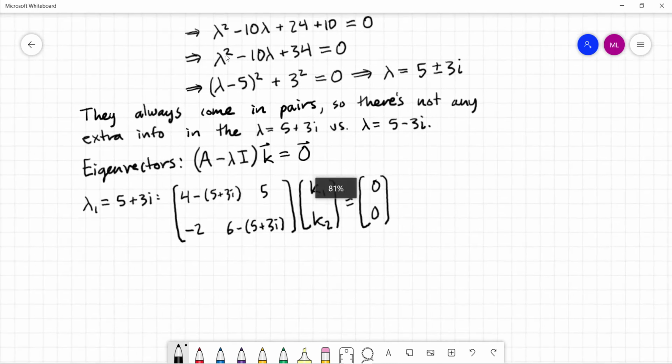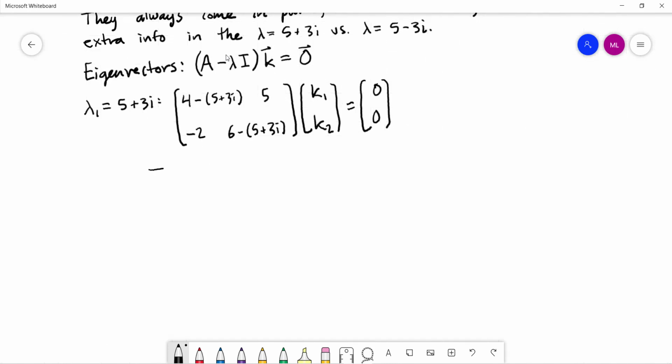If we clean this up, 4 minus 5 is negative 1. The negative sign also distributes through to the 3i, so it'll be negative 1 minus 3i, 5, negative 2, and then down here 6 minus 5 is positive 1, and again that minus sign distributes through, 1 minus 3i. So there's what that looks like, times k1, k2 equals 0, 0.